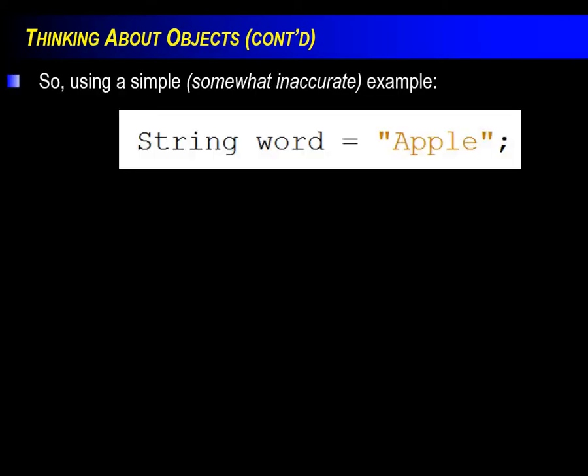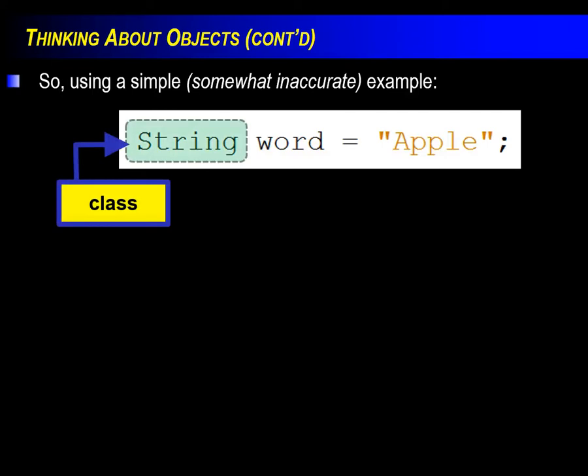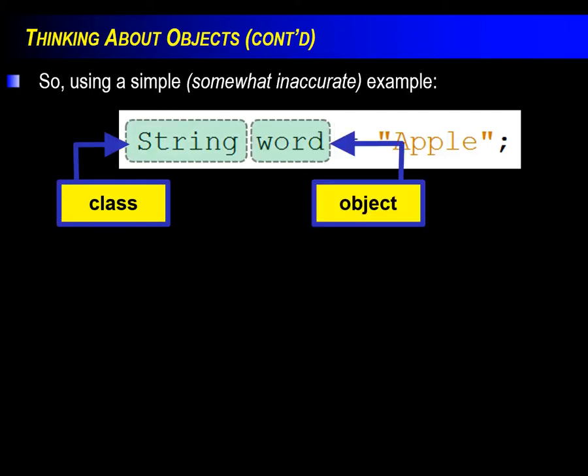All right. Here's a simpler example. You've seen code like this before. But now let's analyze it with new vision. The word string is the class. That is the object. An object of this class. Okay? String is the class, word is an object.